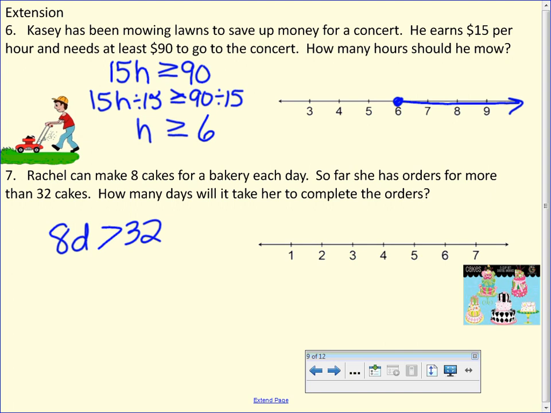But I still can't graph that because those are 8 per day. I want to know how many days. So how am I going to find out what the days are?